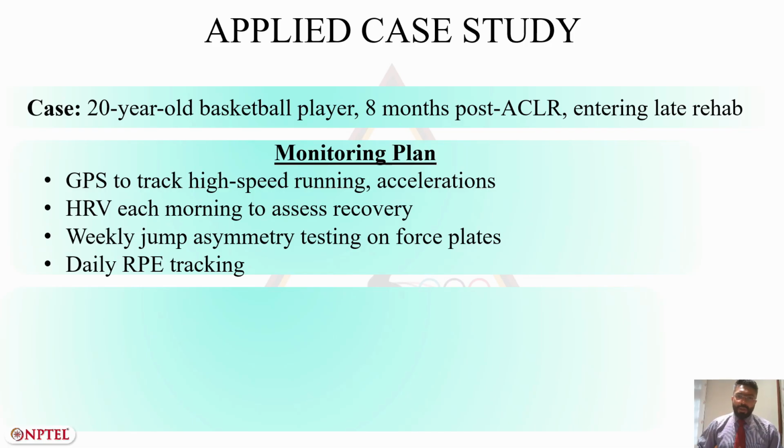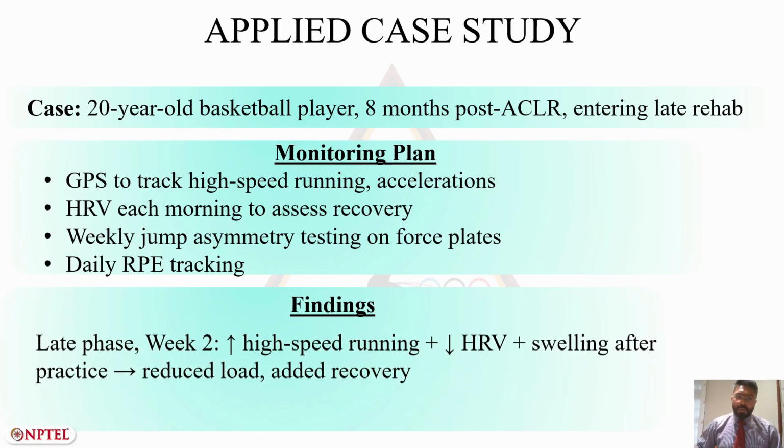So the monitoring plans for him or her could be GPS tracking for high speed running and accelerations, HRV for each session or daily morning assessment of recovery, weekly jump asymmetry testing on force plates, and daily rating of perceived exertion tracking of the sessions.